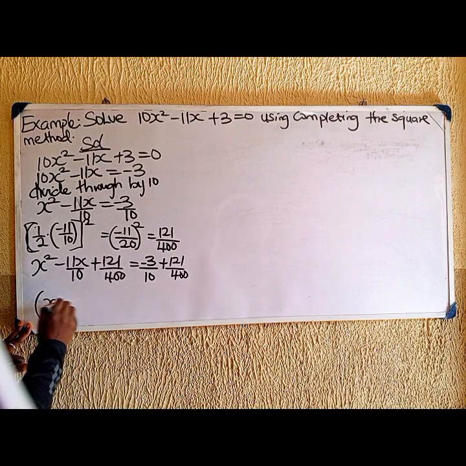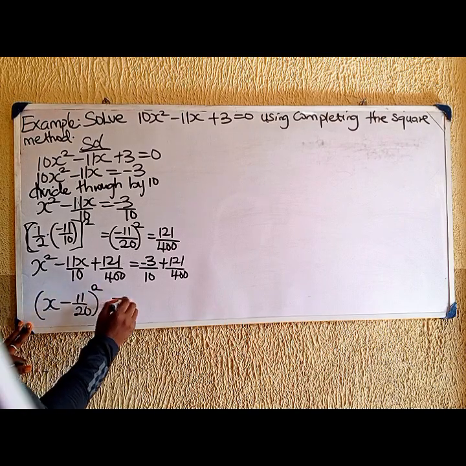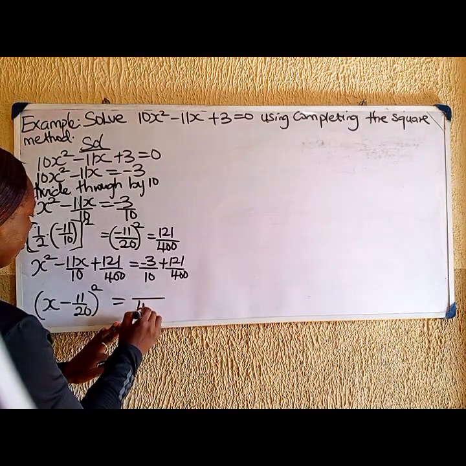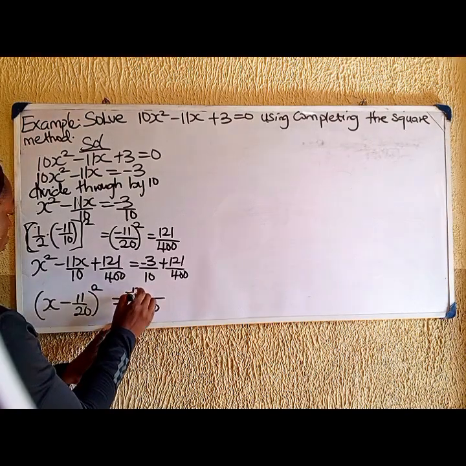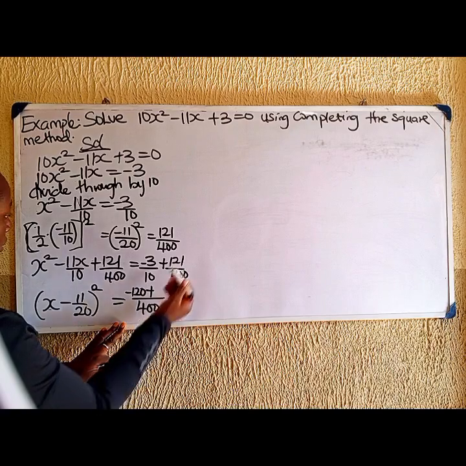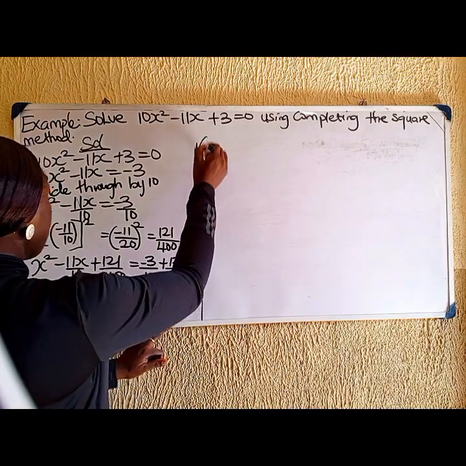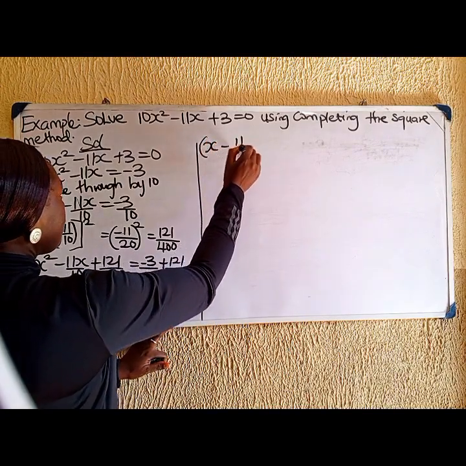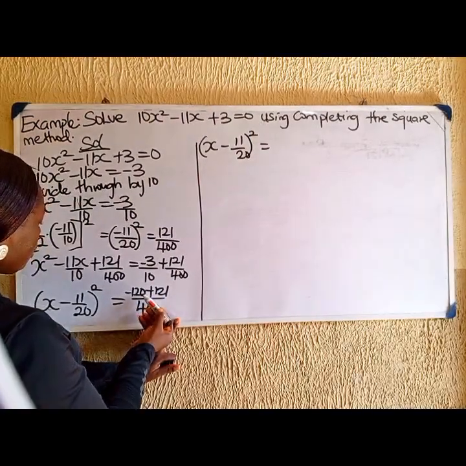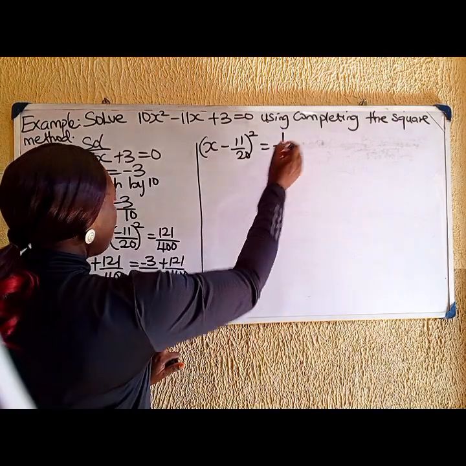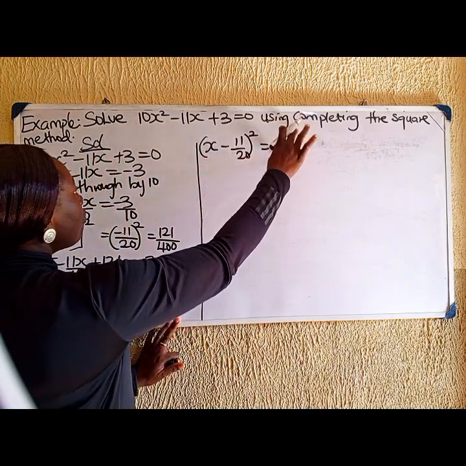So I have x minus 11 over 20 all squared, which is equal to, here I have 400 as the LCM: 40 times this 1, minus 120, plus 121. Minus 120 plus 121 gives me 1 over 400.